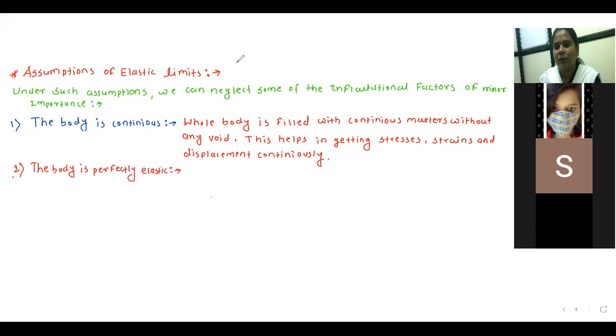First you write down, then I will explain. Okay. So when we say body is perfectly elastic, whole body obeys Hooke's law. Then this body is called as elastic body. Okay.